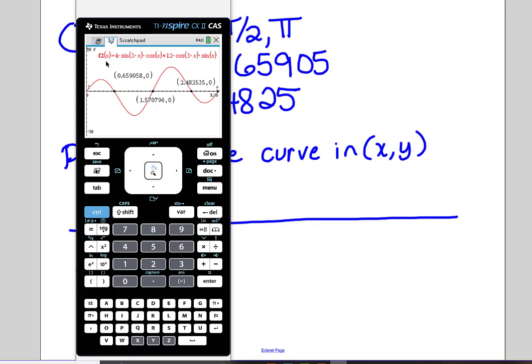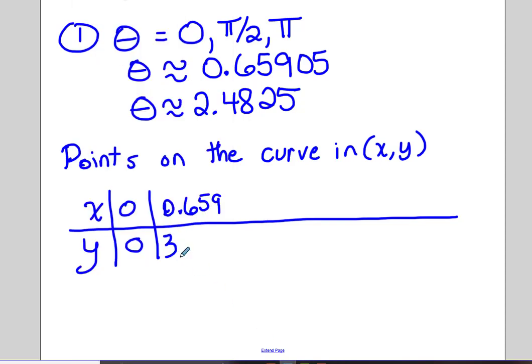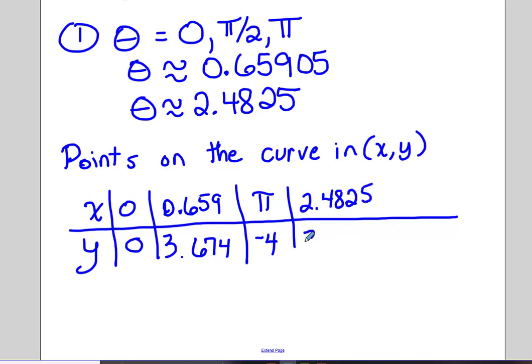I'd have to find that by substituting back in. And then at pi over 2, that was 1.57. So I'd substitute back into my function. That would give me -4. And then the other maximum was 2.4825. Again, that substituted to 3.674. And then substituting pi, I would get 0.